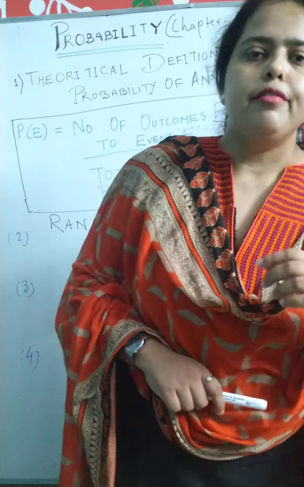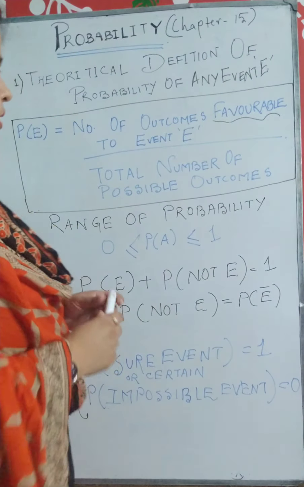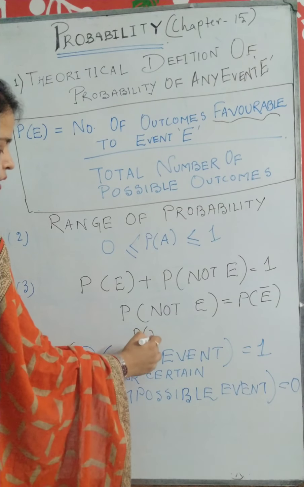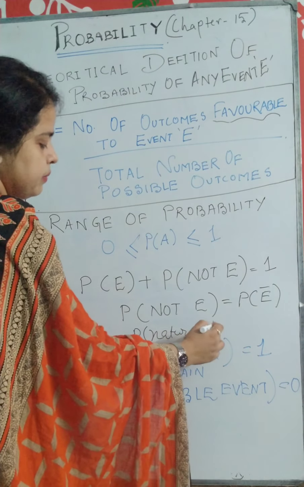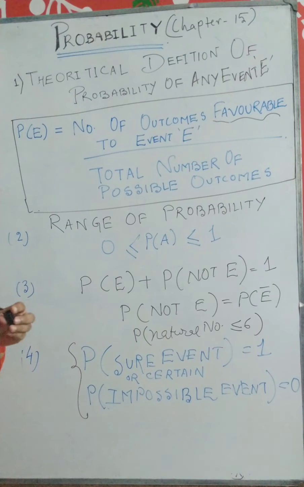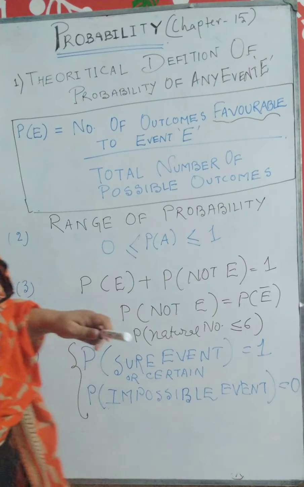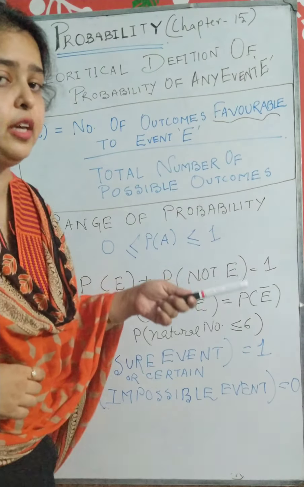So, for example, you are rolling a dice, and I am going to give you a problem. Please calculate the probability of getting a natural number less than or equal to 6. If I roll a dice, 0 is not a natural number, it begins with 1.